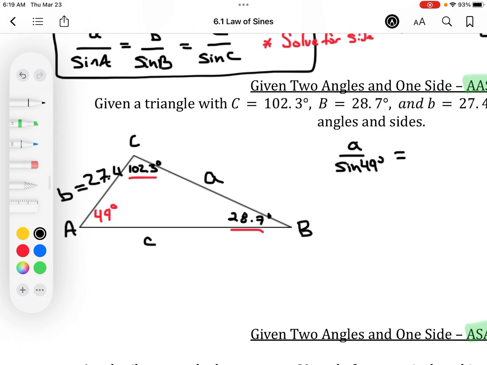So the information I have is B, 27.4, is to the sine of its opposite angle, which is 28.7 degrees.